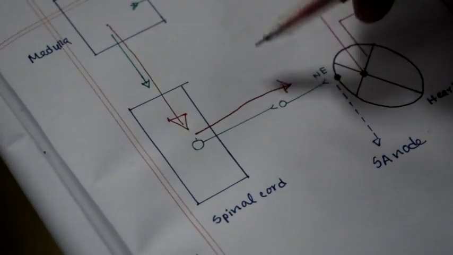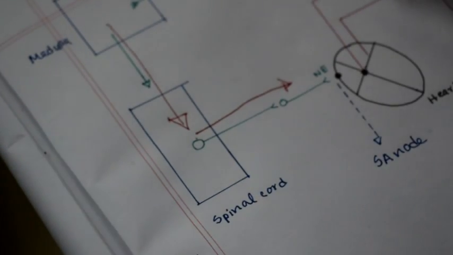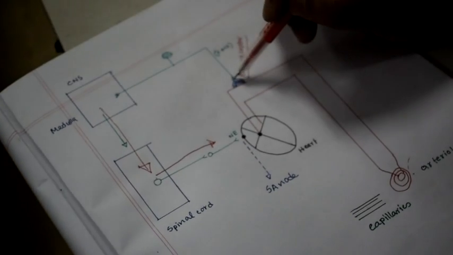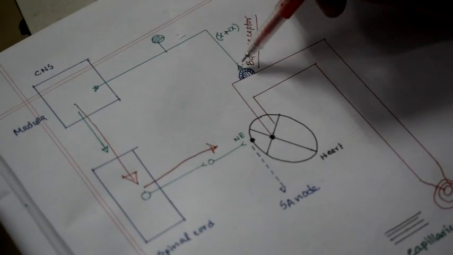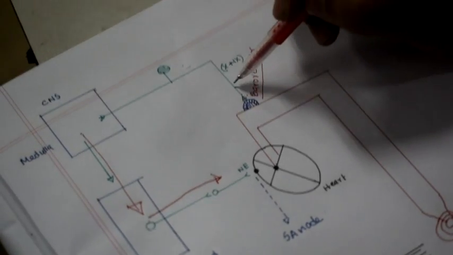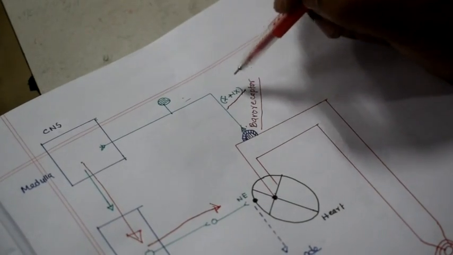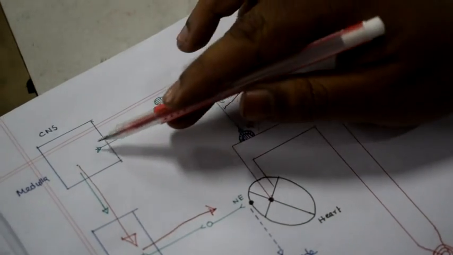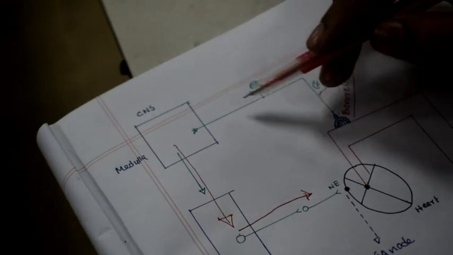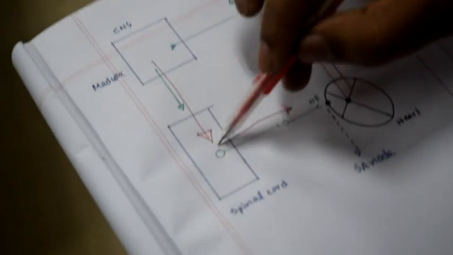When blood pressure falls, the baroreceptor, innervated by cranial nerve 9 and 10, sends information to the brain that blood pressure is falling, and from the brain there is increased sympathetic outflow to the heart and blood vessel.